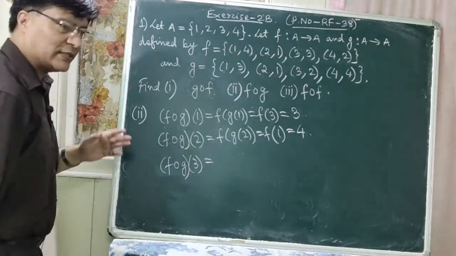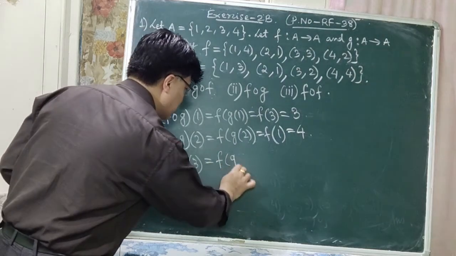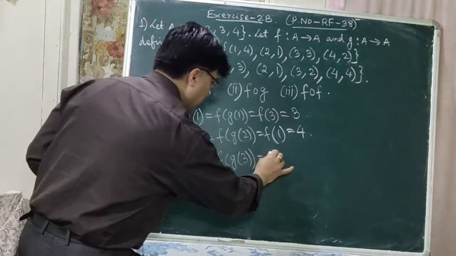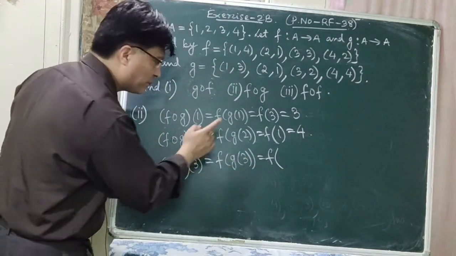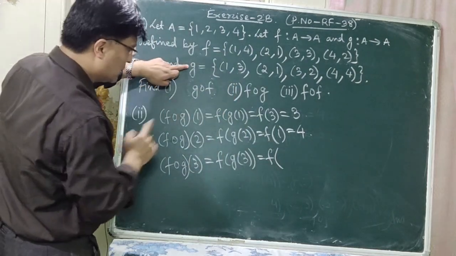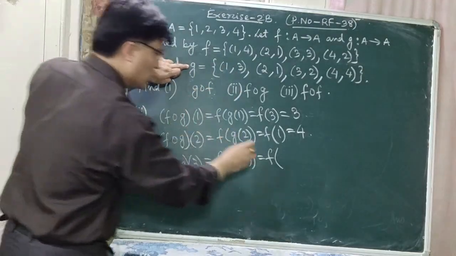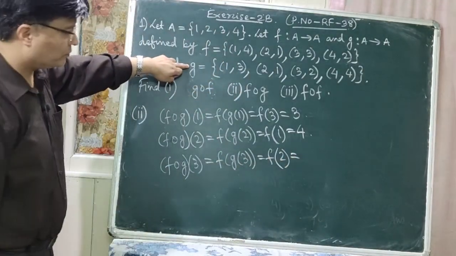It is defined as f of g of 3. Is that clear? Next, f, keep it as it is within bracket. g of 3 means 3 is related with which number under g? Under g, 3 is related with 2. So it is 2.